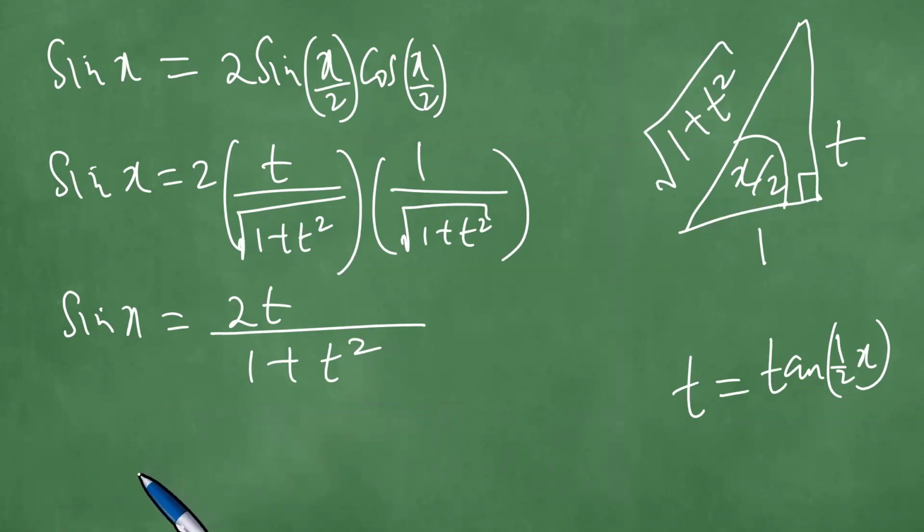And then now we also are able to write the following result for the cosine. This is what the sine is, but we can find the cosine as well. So the cosine of x is the same as what?